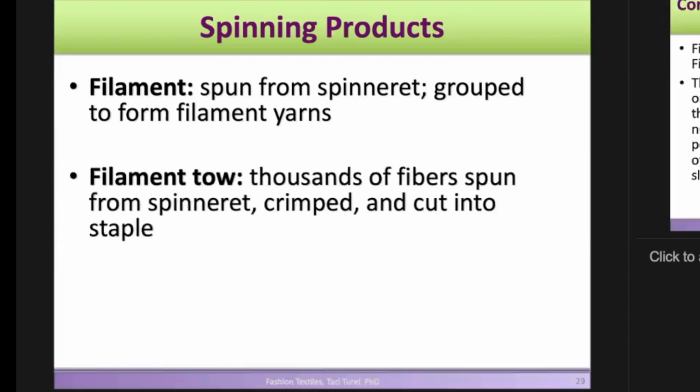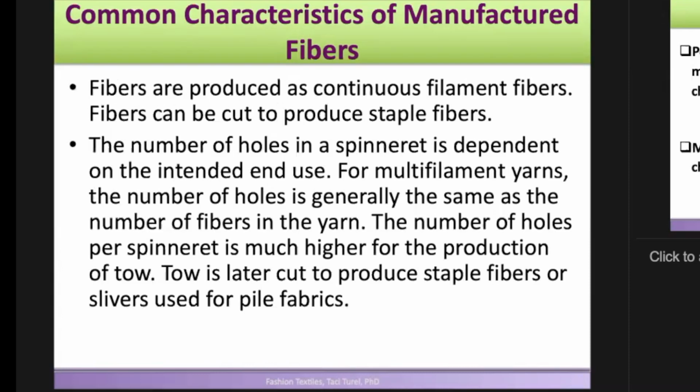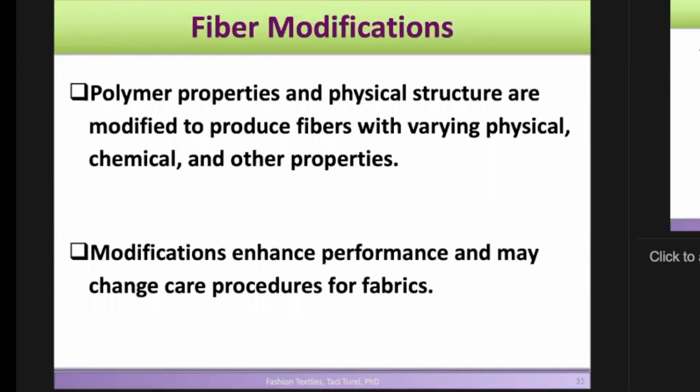Sometimes we cut the filaments into shorter fibers, so we call them tow, filament tow, and we are cutting them into staples if we need to blend them with other natural fibers, for example, or you can also crimp them if you want them to look more like wool fibers. Some yarns will have multiple filaments in them, or you can have one single filament as the final yarn. It really depends on the product you're trying to create.